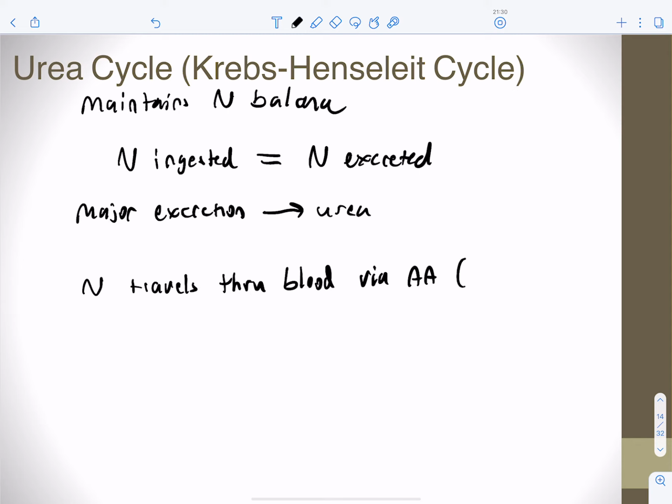Citrulline is then going to leave the mitochondria. So ornithine comes in, so your citrulline will leave the mitochondria as your ornithine will enter the mitochondria, a 1-to-1 ratio, and they have a translocase.